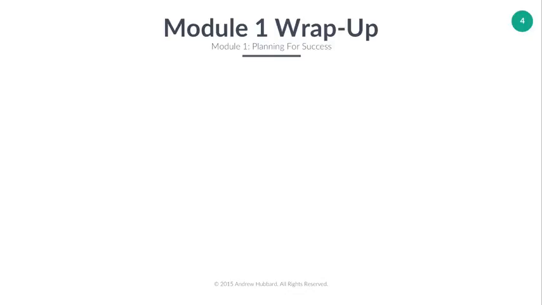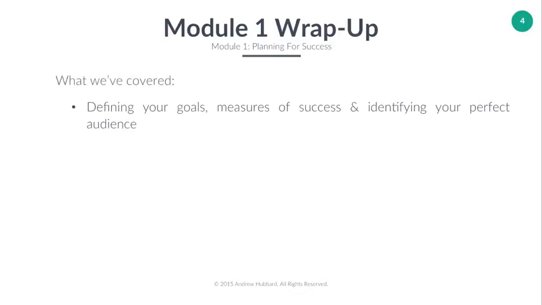And that wraps up module 1. Let's just do a quick recap of what we've covered. We looked at defining your goals, measures of success, and then identifying your perfect audience. And hopefully you'll go and complete that worksheet that I've included at the end of this module. We looked at the structure of an ad campaign. We looked at the campaign level, the ad set level, and then the ad level.